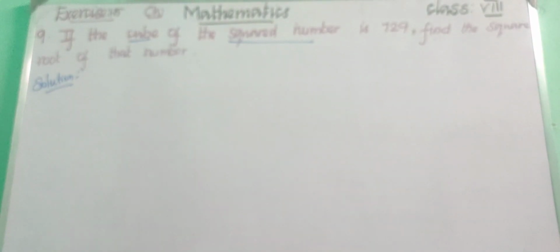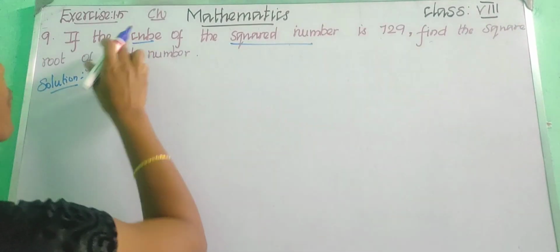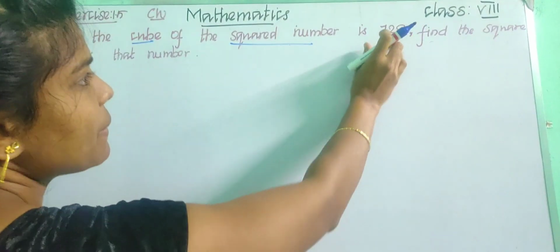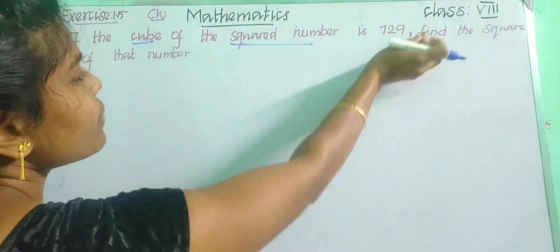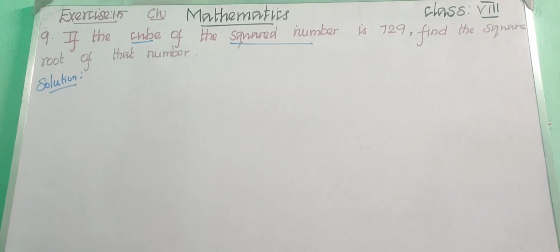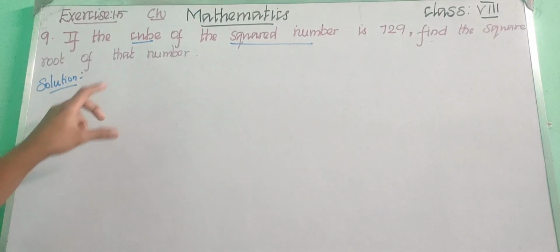Children, how will you find the cube of the square number? What is the inverse of this cube? Cube, it is cube root, right? So we need to find the cube root for this number, and after finding the answer, you need to find the square root for that. Then we will get the number. Is it clear? So what is given?